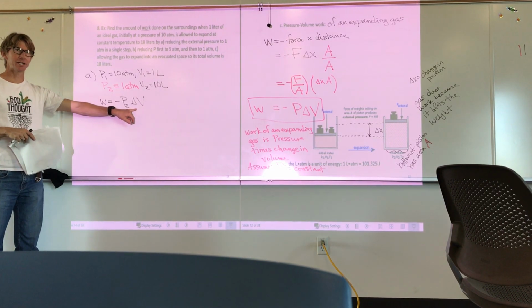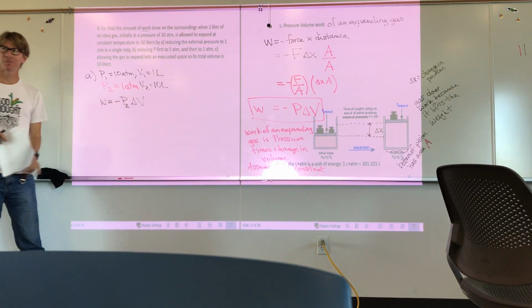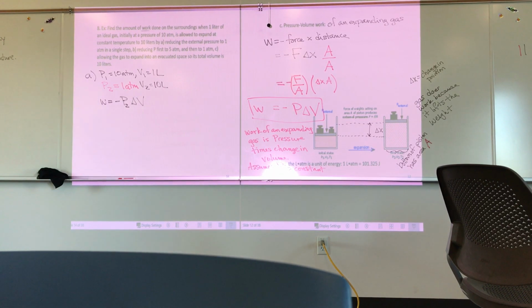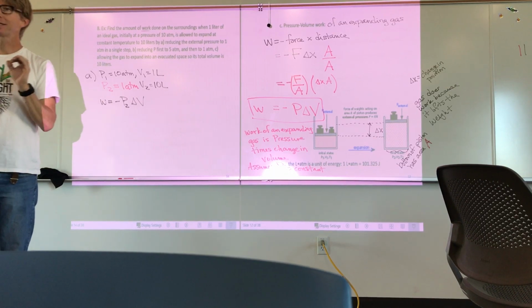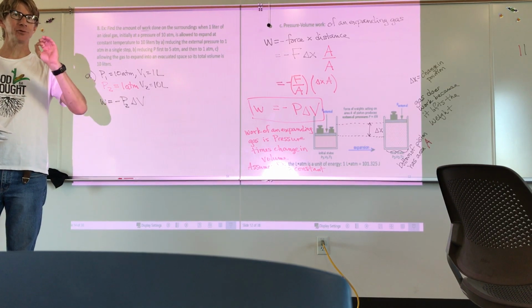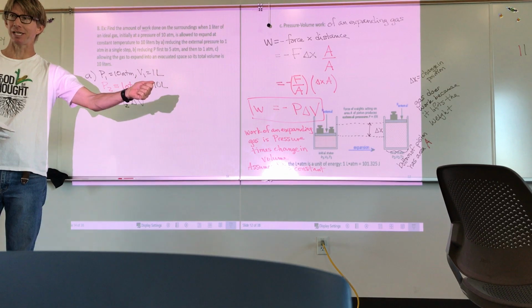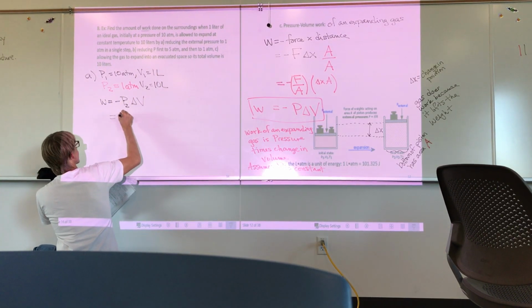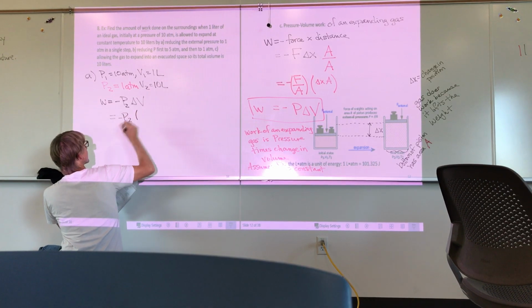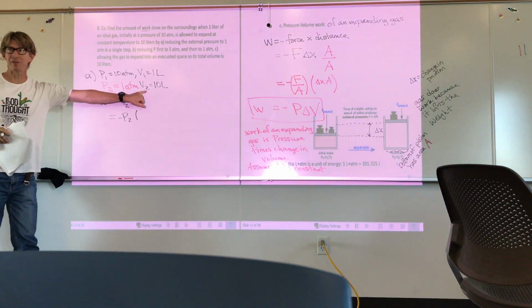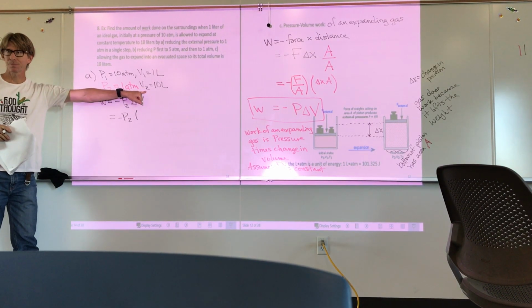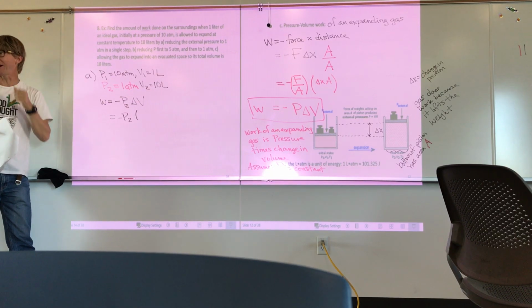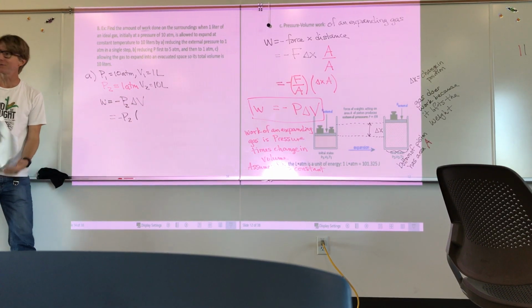And now we have our change in volume. And it's at this point that I will tell you that any time you see a delta symbol for a change, the delta is always final state minus initial state. Our final state is V2. And I'm going to write V final minus V initial to drive this point home.